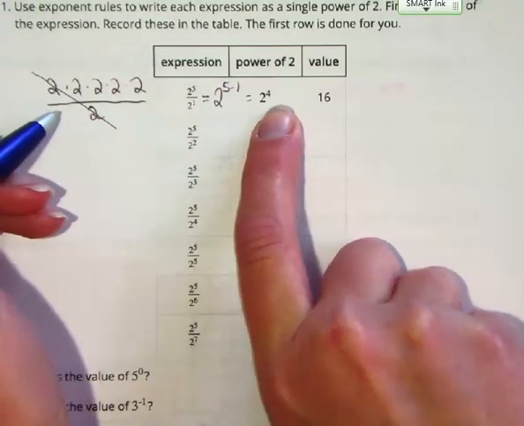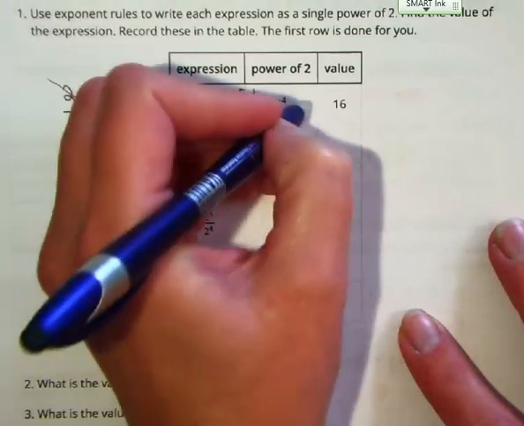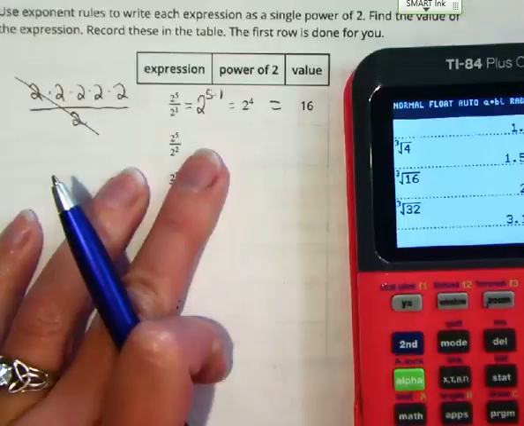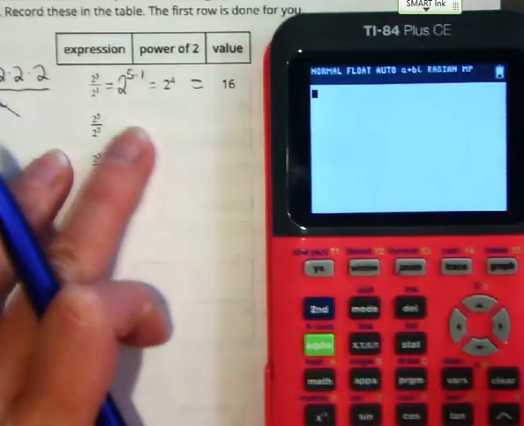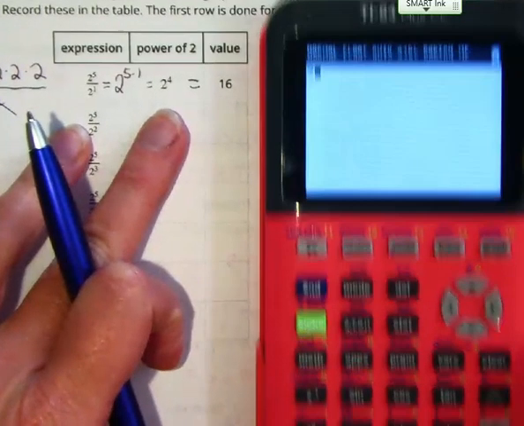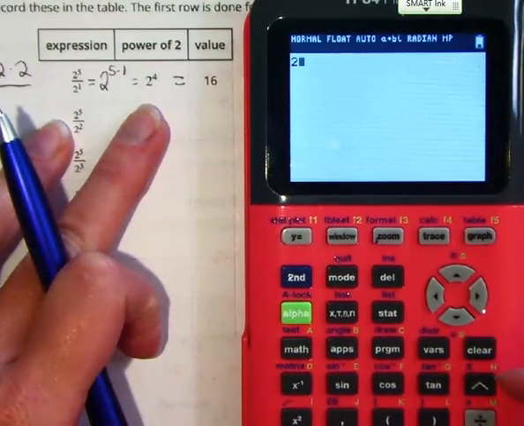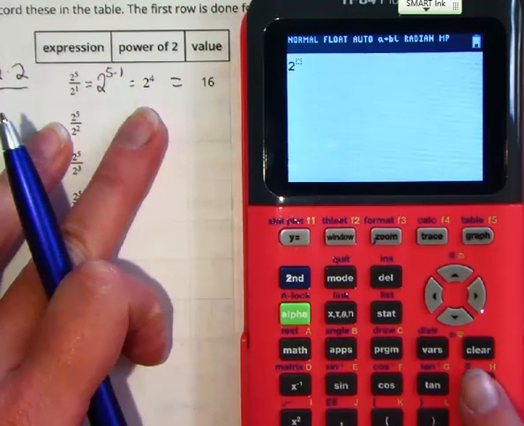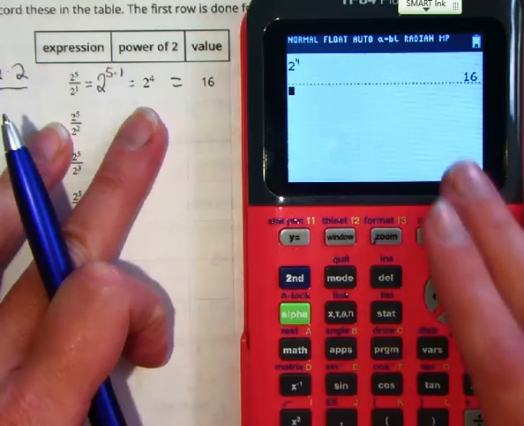We're left with 2 to the 4th, and that does equal 16 if you type it in on your calculator. Calculator use, just hitting a little refresh on this just in case. You could use that too. And it's this caret button right here underneath the clear. That caret button above divide and below clear will bring us to any exponent that we need. So it's a good thing to know.